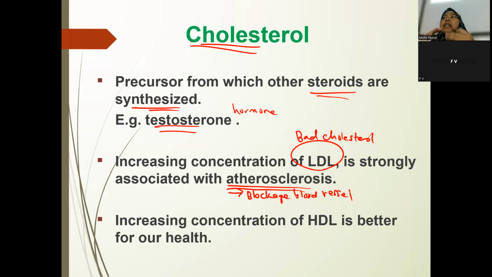Kolesterol melekat-lekat dekat dinding salur darah. So dia jadi tersumbat lah. Okay. Alright. So but increase in concentration of HDL is good for health. So ingat balik HDL tu ialah good. Yes, high density lipoprotein, the good cholesterol. Okay. Right.